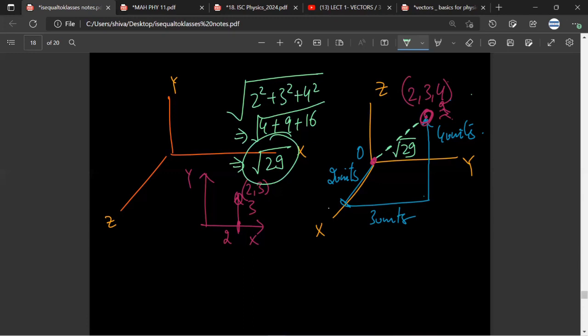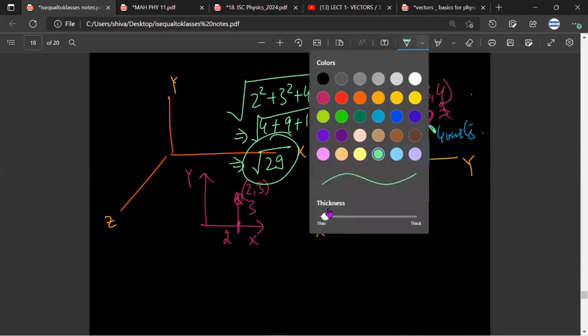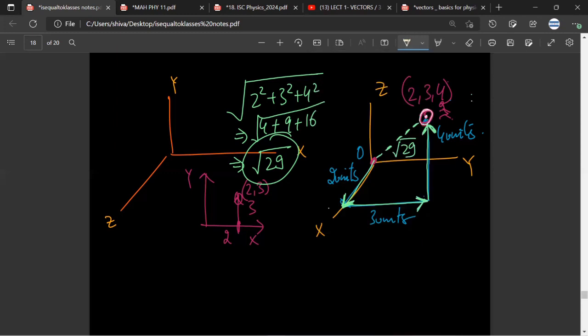There is a third point that I want to clarify. From here to here, then from here to here, then from here to here. This whole process, this final product, this net displacement, if this is point P, can be written as 2i plus 3j plus 4k.